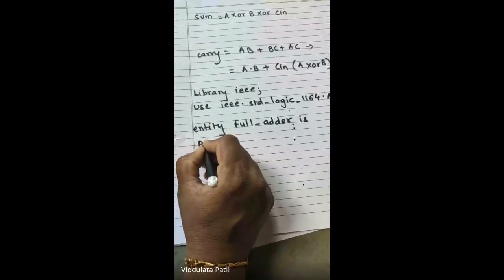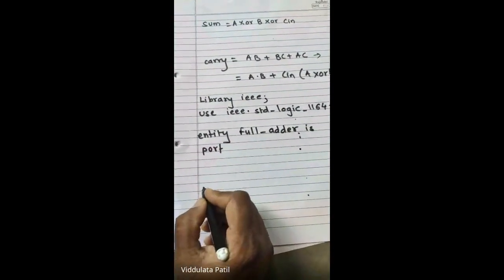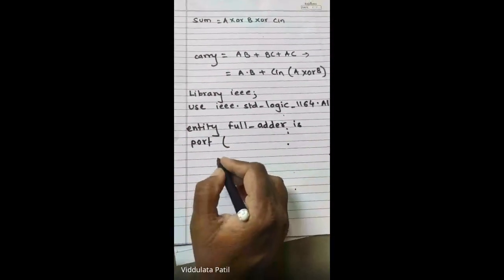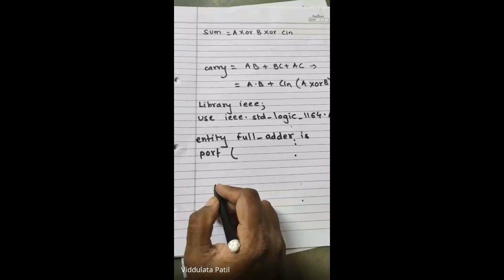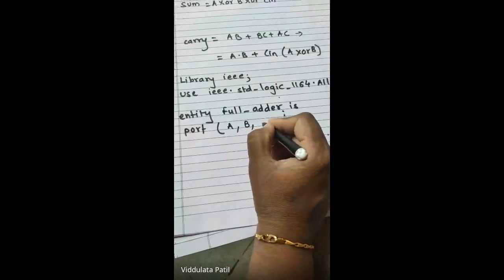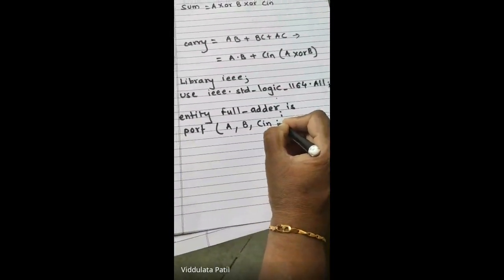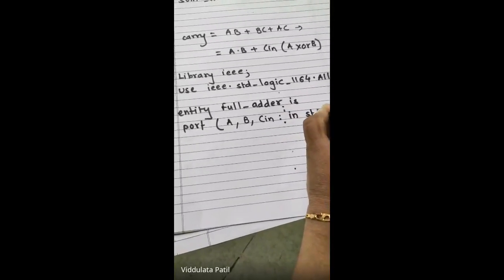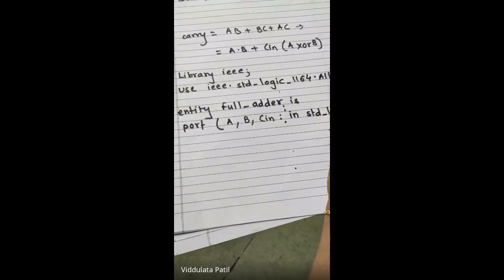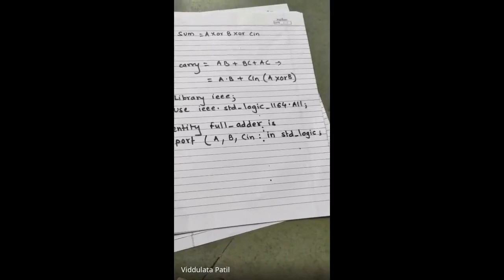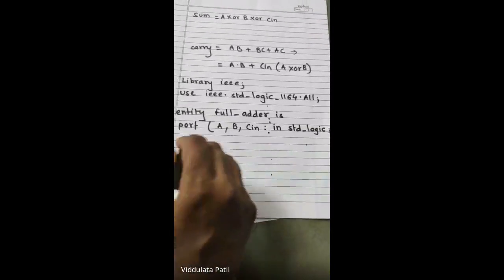Then in the entity declaration, you will have to declare ports. So port, then okay, how many input ports are there? 3. So we can write it as A, comma B, comma C_in colon in, all these are input ports, and type is std_logic semicolon, because we still need to add different ports which are not of input type.